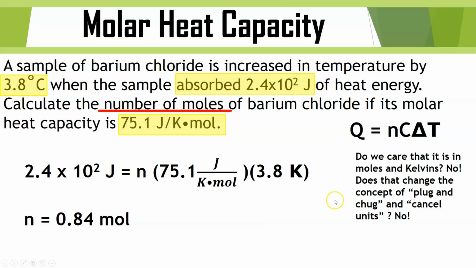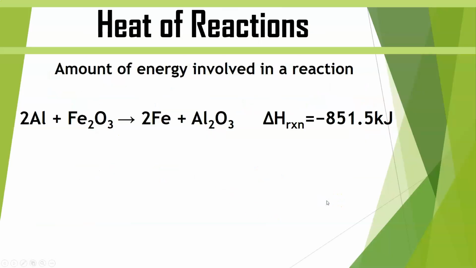All right, next let's look at heat of reactions. Sometimes you may see something like this. We give you a chemical reaction, and off to the side we say delta H of reaction equals, and then we give you some number. Delta H is the same as Q. Don't worry about it. We'll just use them interchangeably for this class.